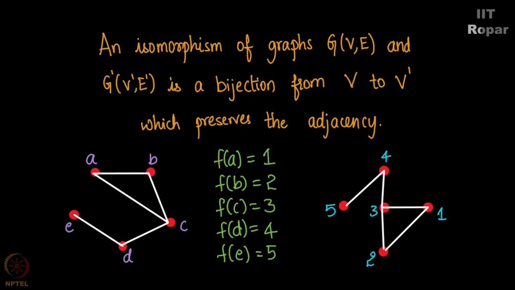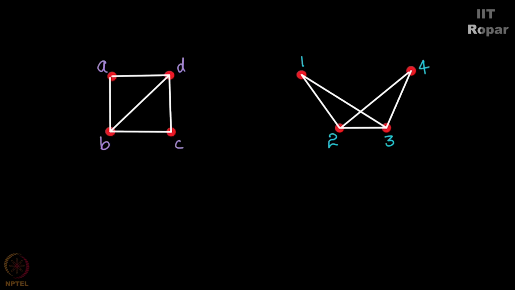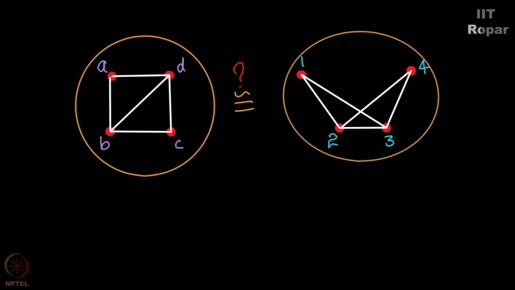Now look at this graph. Here is a graph with 4 nodes but with a diagonal. Look at this another graph. Right? 1, 2, 3 and 4. Do you think these two are isomorphic? Whenever you are asked to show something is isomorphic, all that you need to do is exhibit a bijection from the vertex set here to the vertex set here.